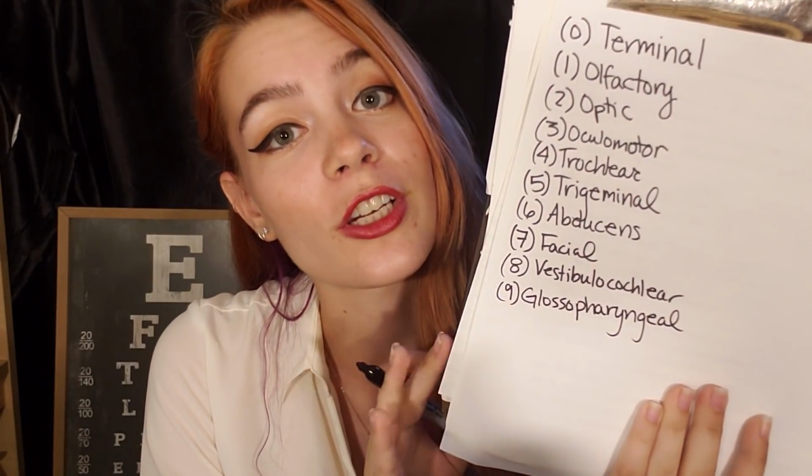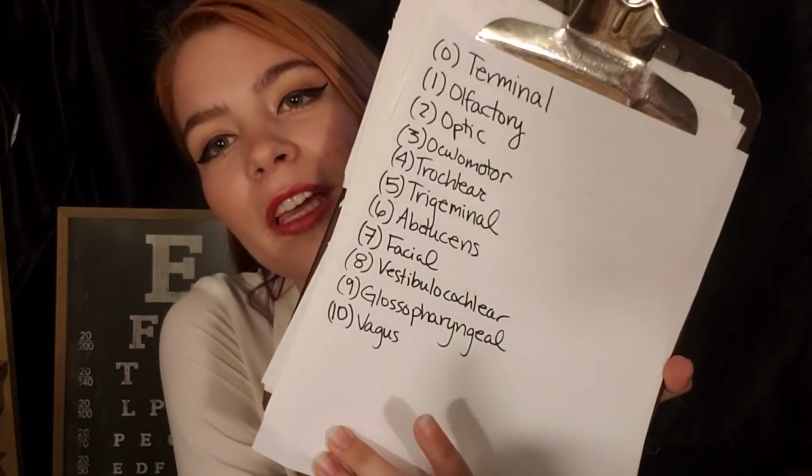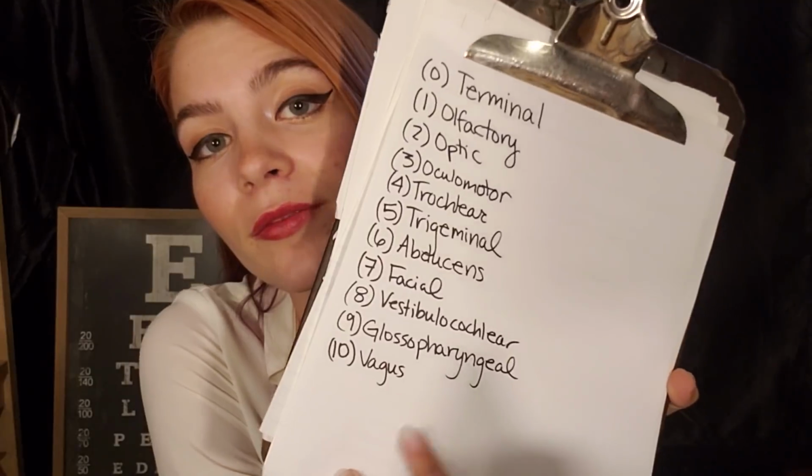The glossopharyngeal is number 9. Number 10 is the vagus nerve.